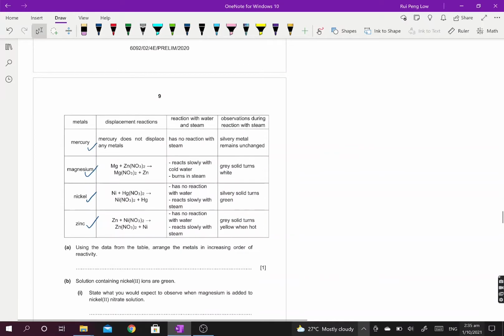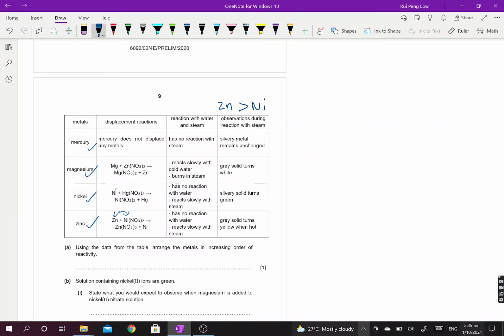So question A, using the data from the table, arrange the metals in increasing order of reactivity. How we can do this is by looking at which metal can displace the other metal. So zinc can displace nickel, so zinc is more reactive than nickel.